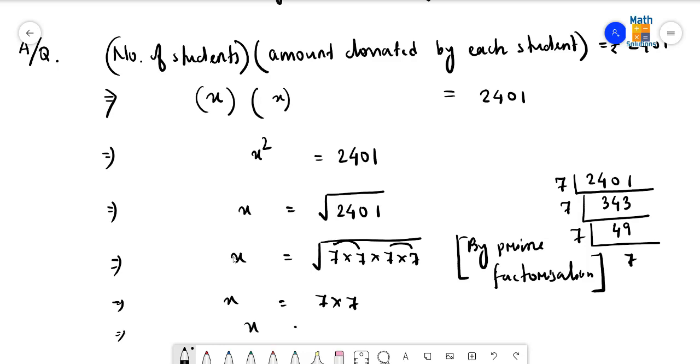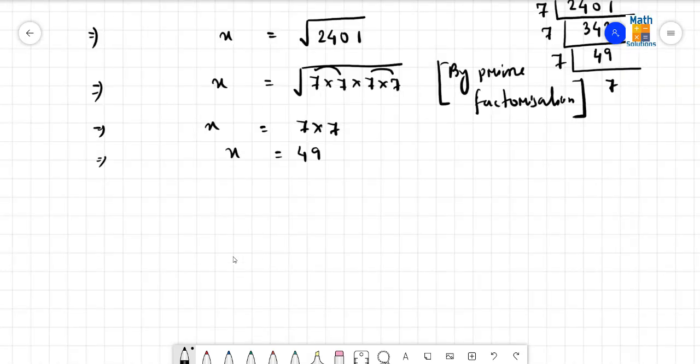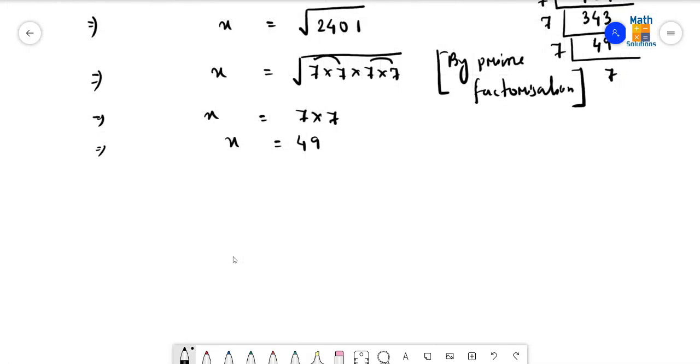So X is equal to 49. So the number of students is equal to 49. That is how we have to evaluate. Therefore, the number of students is equal to 49. So this is the answer.